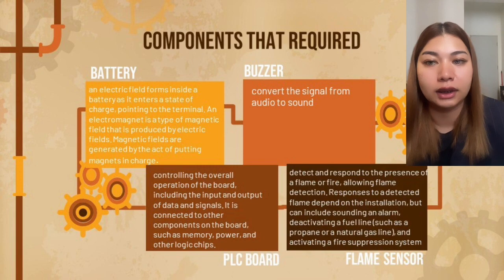A flame sensor is used to detect and respond to the presence of a flame or fire, allowing flame detection. The response to a detected flame depends on the installation, but can include sounding an alarm, deactivating a fuel line such as a propane or natural gas line, and activating a fire suppression system.